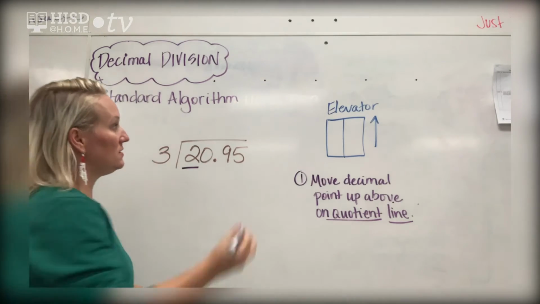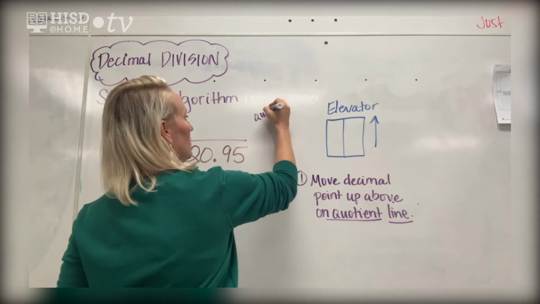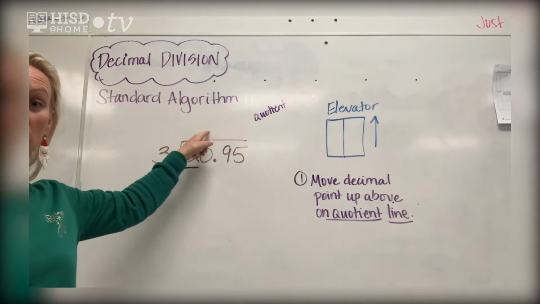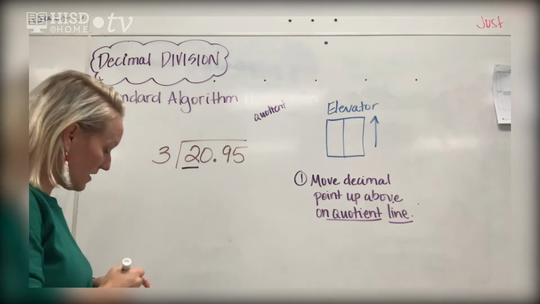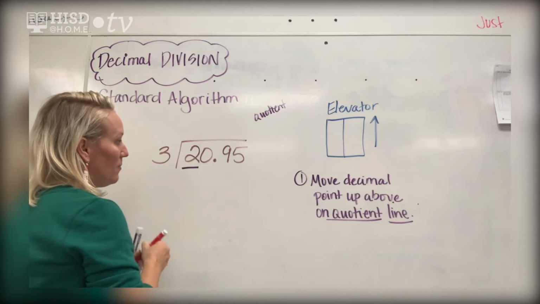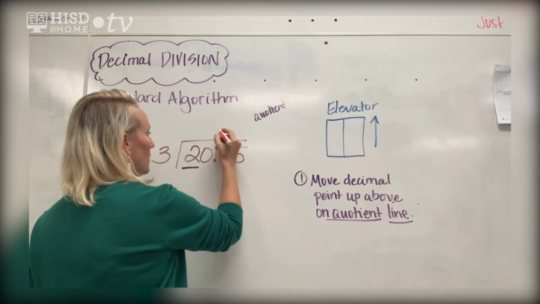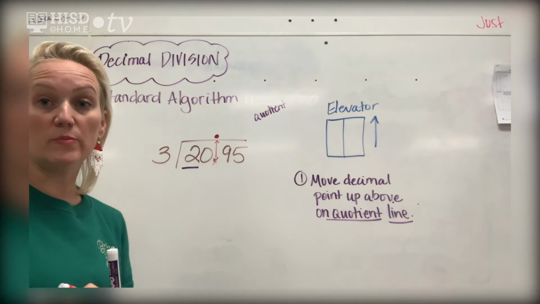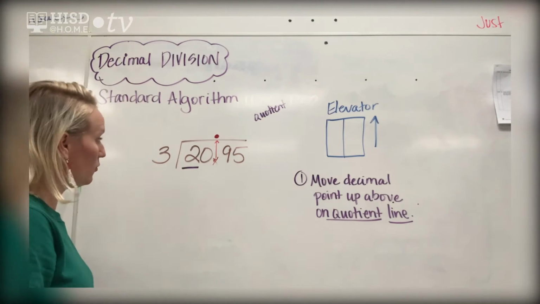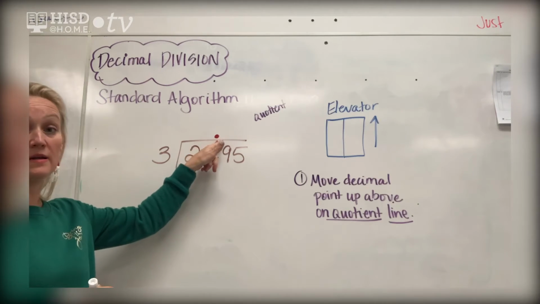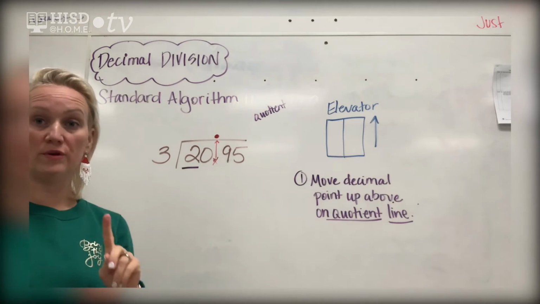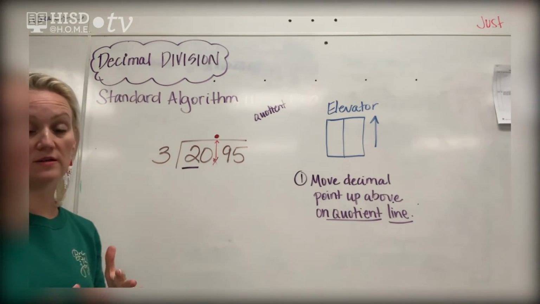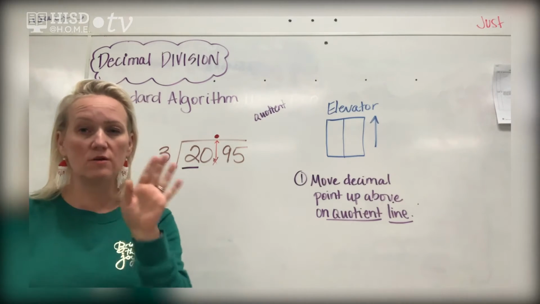The quotient, if you recall, is the answer to a division problem. So the quotient goes up here. Just as I mentioned in my note here, I moved the decimal point up to the quotient line and it disappears. I moved it because the new location where it belongs, it permanently will belong up there. You will not move it, you will not touch it, that's where it belongs. So that's what's so great, is that once you move it to the quotient line, you're fine.